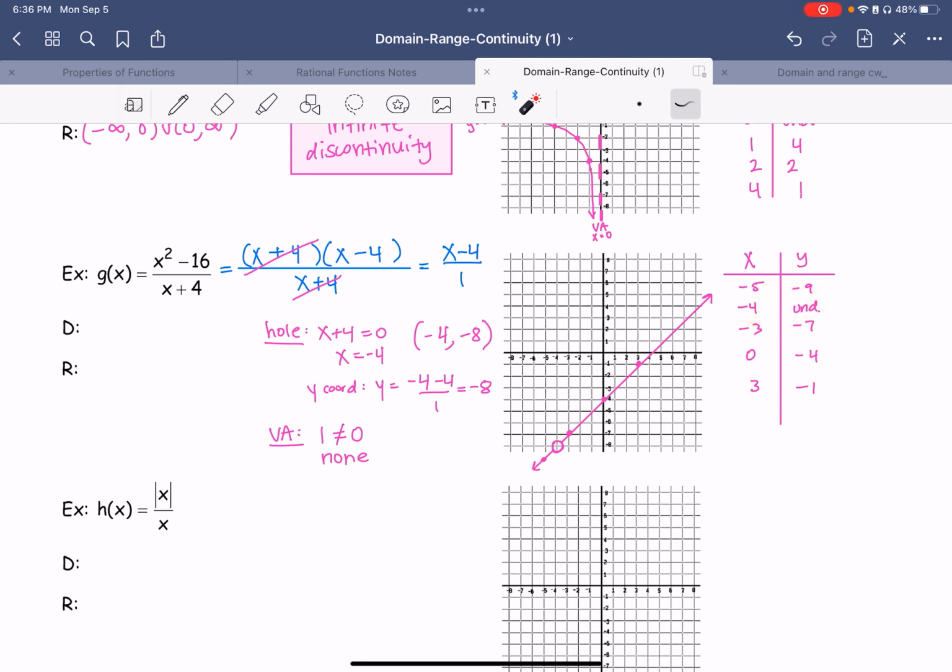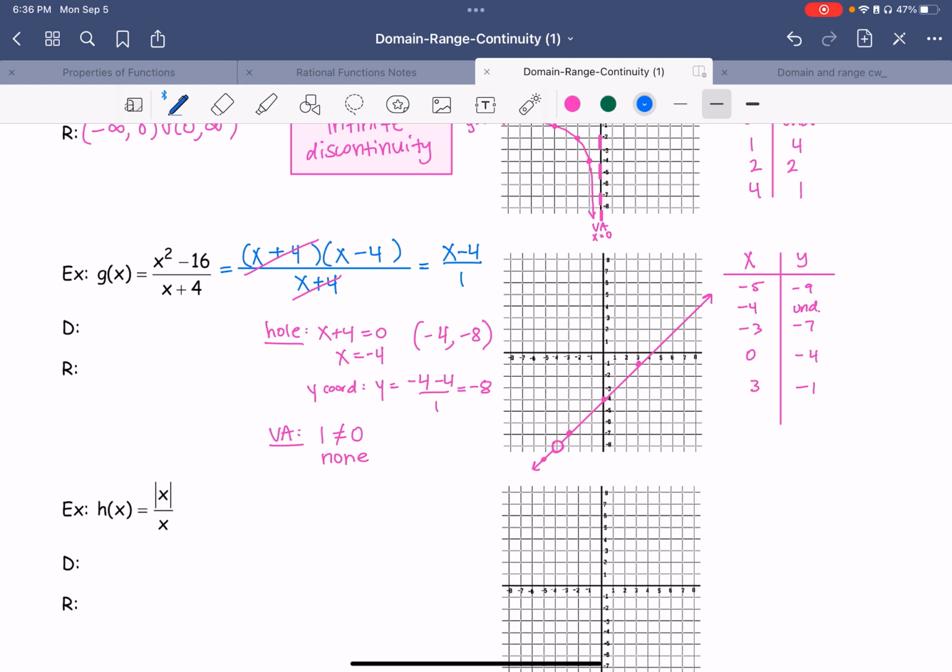So the thing with the calculators is that they are helpful for graphing and the table and you can see the asymptotes, but you will never see the hole. So if you rely solely on the calculator for these types of problems, you will probably get it wrong because you'll never know where the hole is. So it's best to try to do it by hand first and then try to confirm on the calculator.